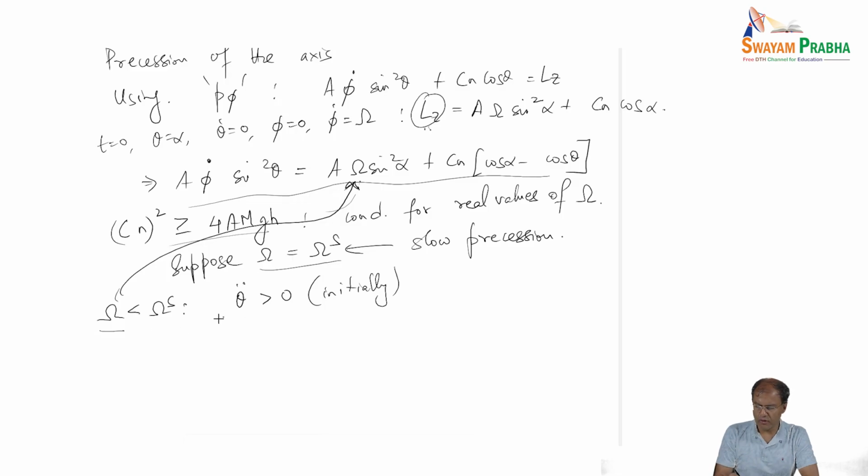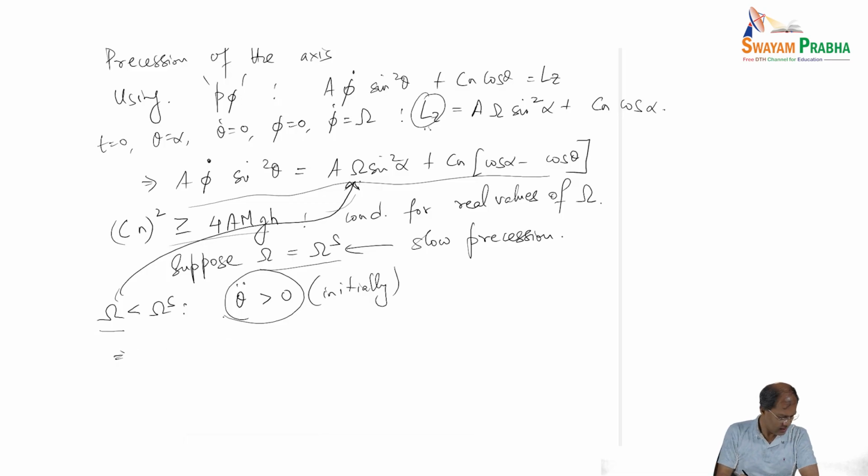We will see that the solution we get is theta dot is positive. So what it means is that the angle theta is initially increasing. In other words, it implies that when the top starts to rotate, initially the top falls and then it starts to rotate, right?